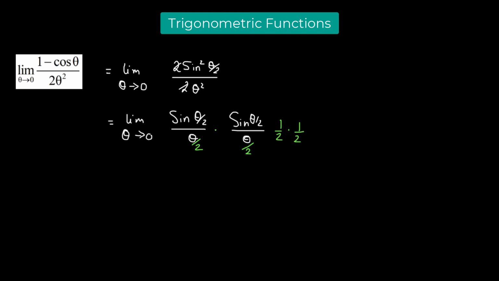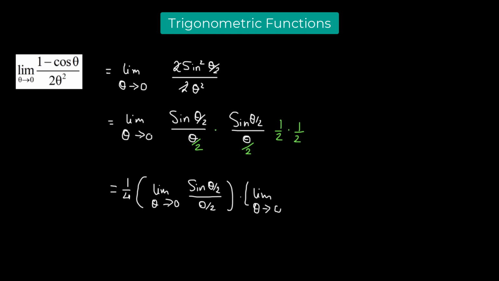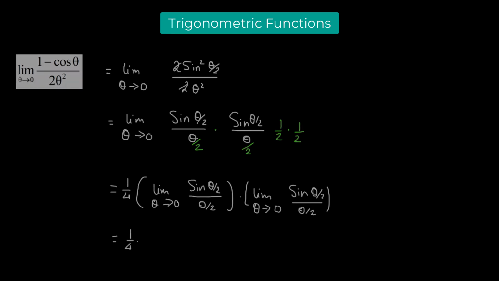So we have 1/4 of the limit theta tending to 0 of sine theta over 2 divided by theta over 2, times the limit theta tending to 0 of sine theta over 2 divided by theta over 2. So we have 1/4. So this is going to be the limiting value of the given trigonometric function when theta approaches 0.